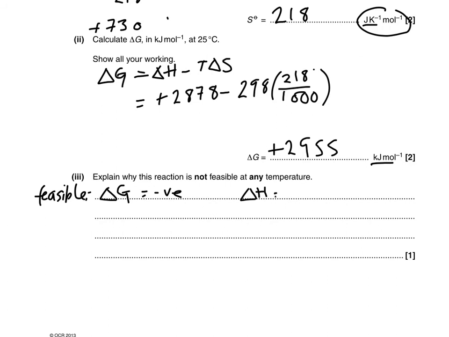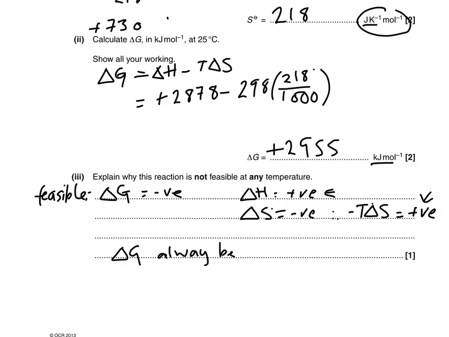In this reaction we've got a positive enthalpy, and we've got a negative entropy, which means that minus T delta S is going to be positive. So because this is positive and this is positive, delta G will always be positive. Therefore, it's never feasible.